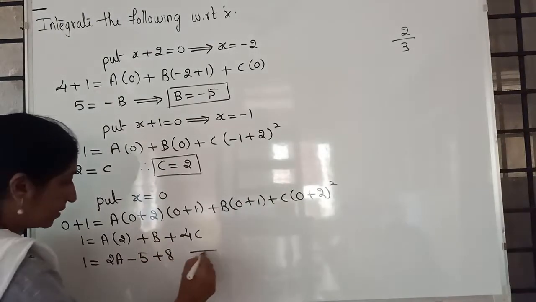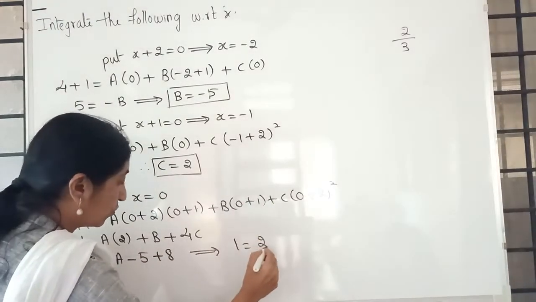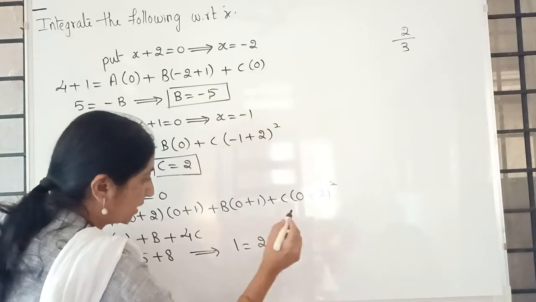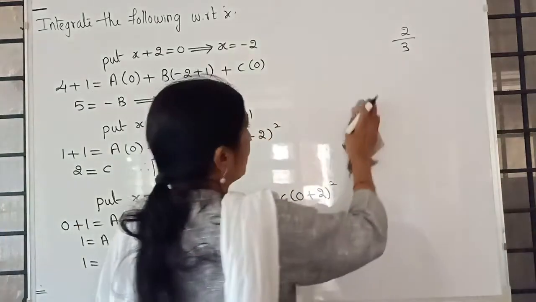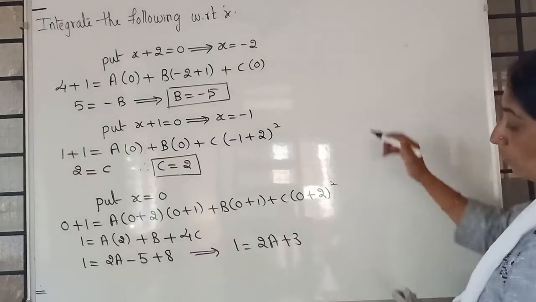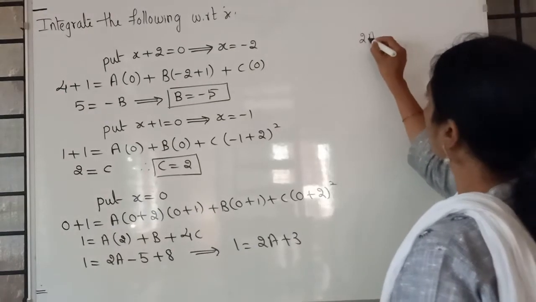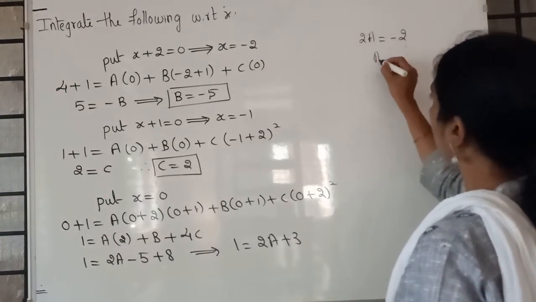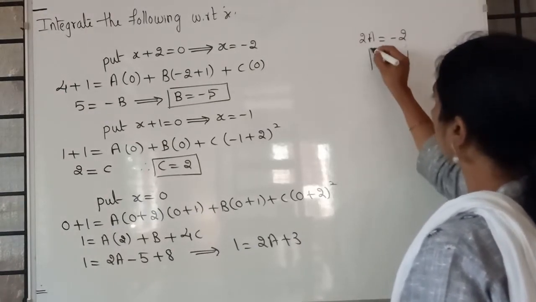So here 1 is equal to 2a plus 3, then what is a? 2a is equal to minus 2. So a is equal to minus 1.